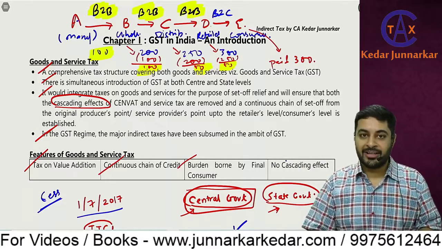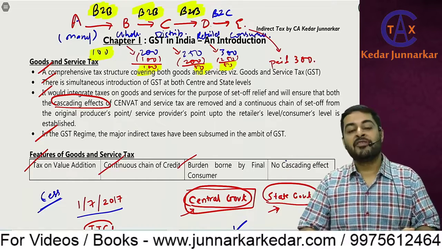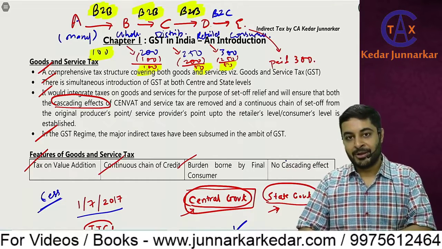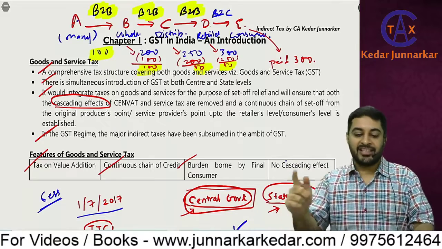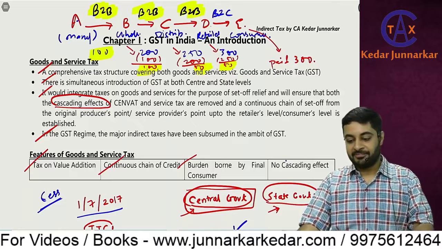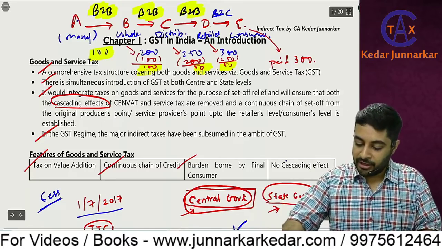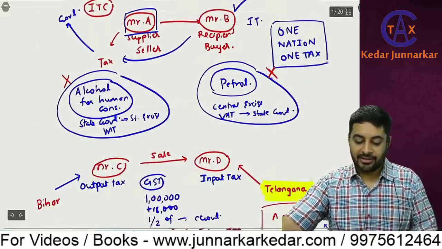Then who has deposited? A has deposited 100, B has deposited 100, C and D have deposited 50 each. So the same amount is distributed over the entire chain. And why does this happen? Because there is a continuous chain of credit. Next point is no cascading effect. So I hope you are clear on this.